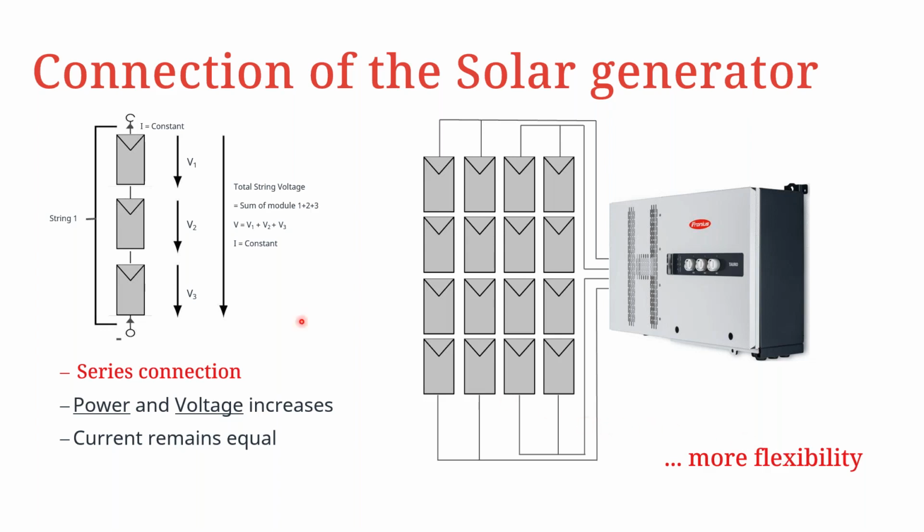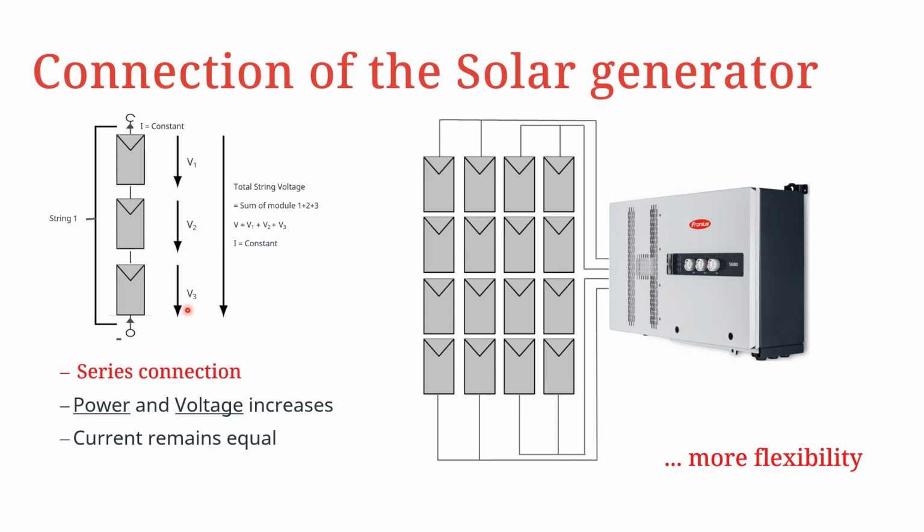That means that to get the summation of voltage for a particular string, you have to add the operating voltage of all the modules connected in that string. So for this example, which has 3 modules in this string, the total string voltage will be V1 plus V2 plus V3. That is the summation of the operating voltage of all the modules.